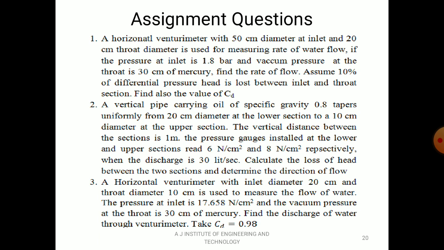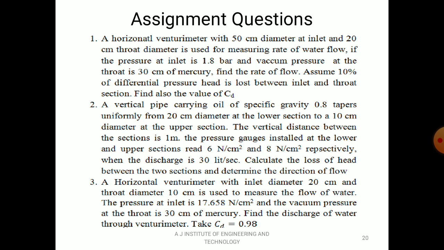The vertical height is given as 1 meter. So you can take Z1 equal to 0, assuming the datum passes through section 1, and Z2 equal to 1 meter. That is the height of the pipe or section.